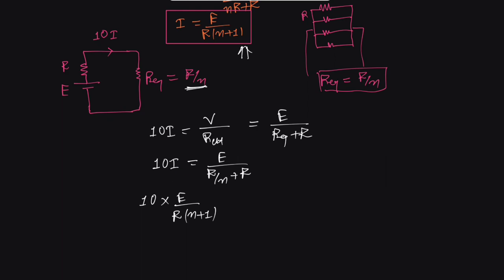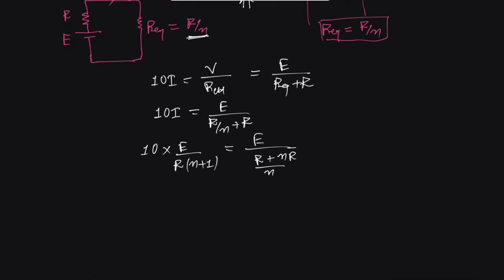We have just replaced the value of I, and this is equal to E upon, in the denominator I will just take n as common, with n as the LCM, so this will become R plus n times R. From here, 10 times E, and E gets cancelled, so this will become 10 times R into 1 plus n. This will be equal to n upon, and from the denominator I will take R common, so this will become 1 plus n.